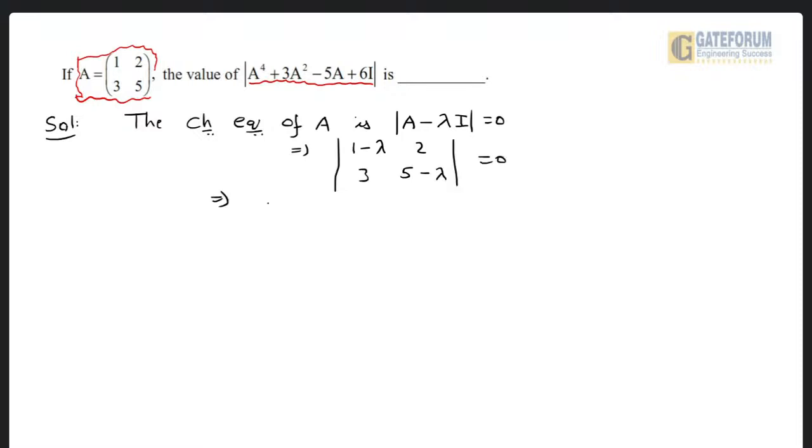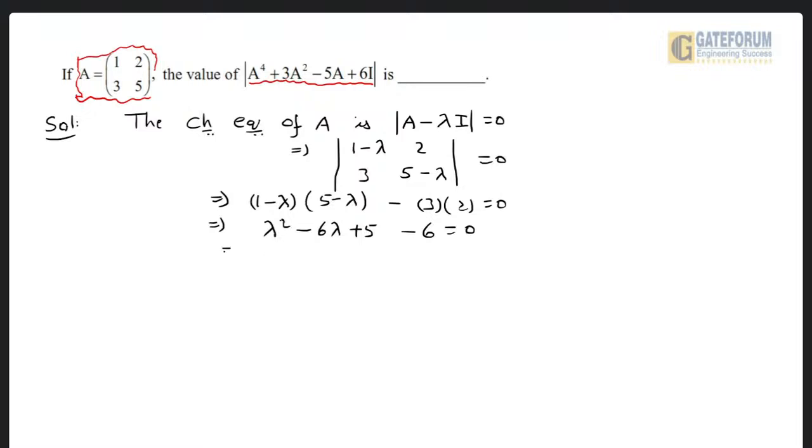This looks like a 2 by 2 determinant, AD minus BC: product of diagonal elements minus product of non-diagonal elements. So this simplifies to lambda square minus 6 lambda plus 5, minus 3 into 2, which is 6.